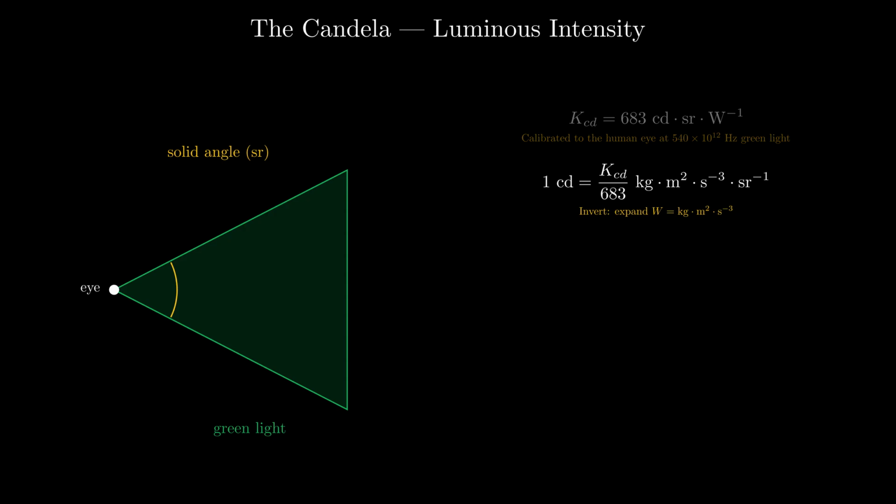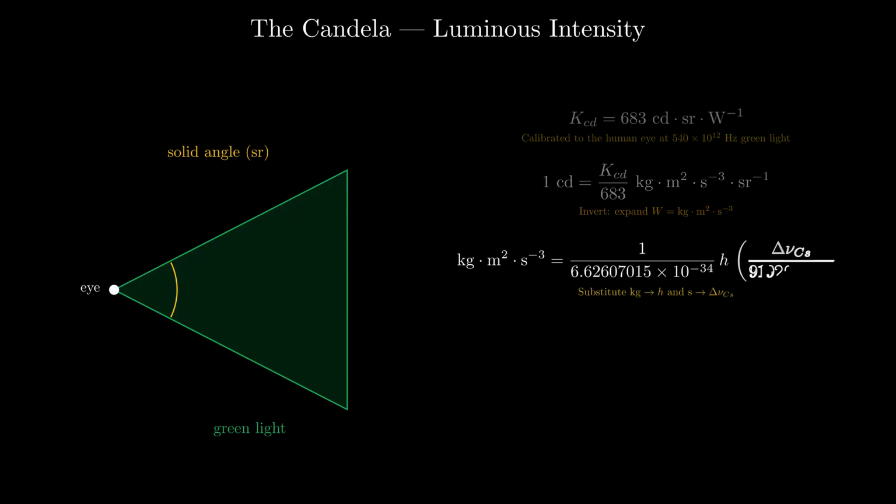Now invert the relationship. The watt hides inside K_cd, and the watt is energy per second, which again breaks down into kilograms, meters, and seconds. Substitute those mechanical units and the Planck constant h and delta nu cesium appear once more.